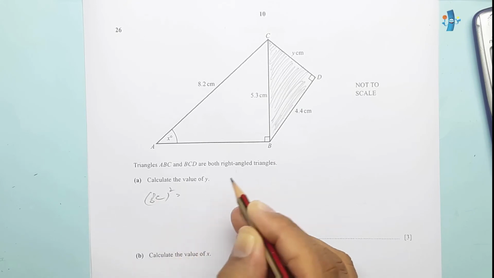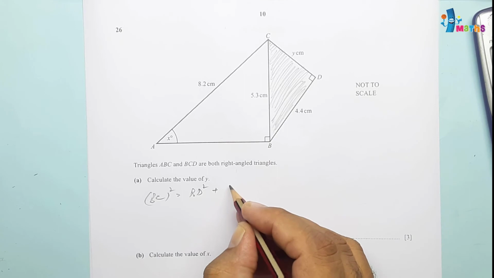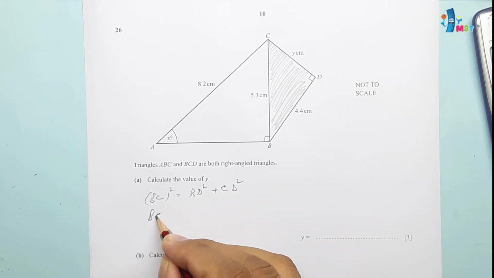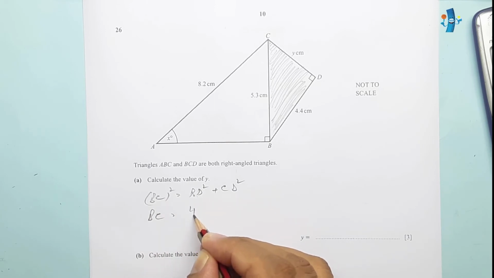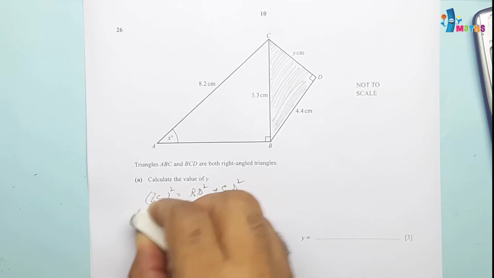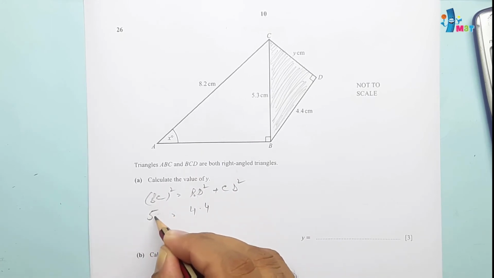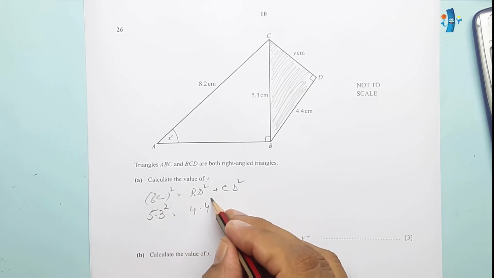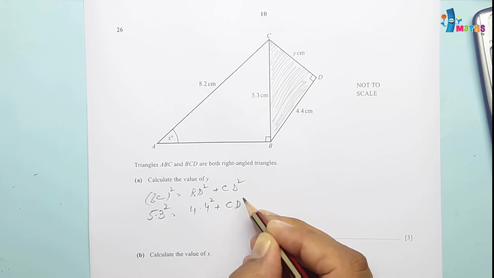BC squared will be equal to BD squared plus CD squared. So we can write BD is 4.4, and BC is 5.3, so 5.3 squared is equal to 4.4 squared plus CD squared, which is y.